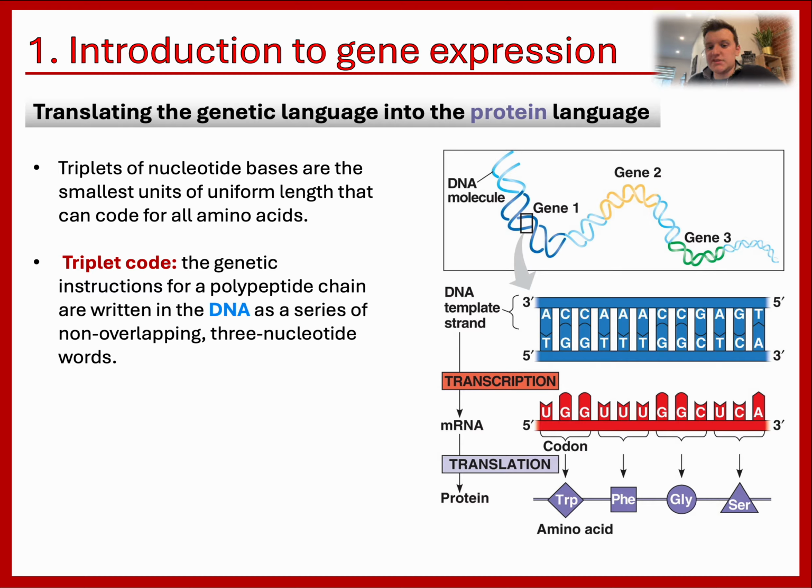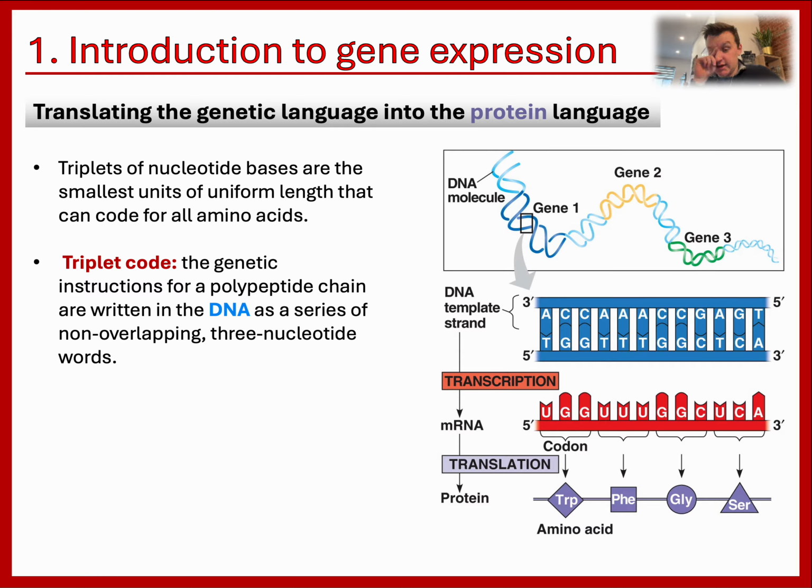So translating that genetic language into the protein language, we say that triplets of nucleotide bases are the smallest units of uniform length that can code for all amino acids. This is what I just said, right? This triplet code, UGG, encodes the amino acid tryptophan. UUU is phenylalanine, right? So it's the genetic instructions for the polypeptide chain that are written in the DNA as a series of non-overlapping 3-nucleotide words.